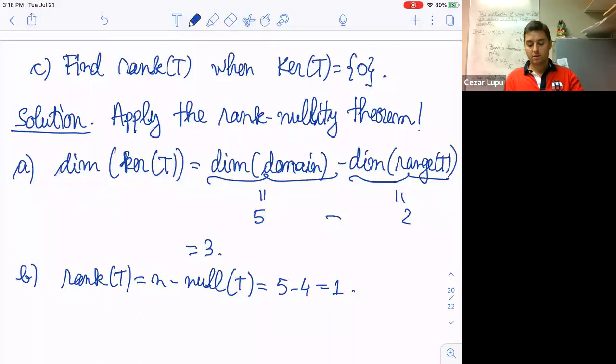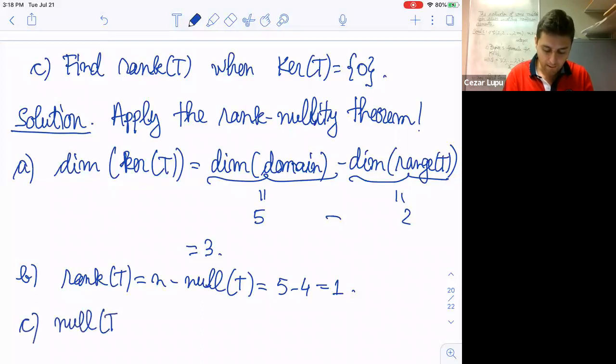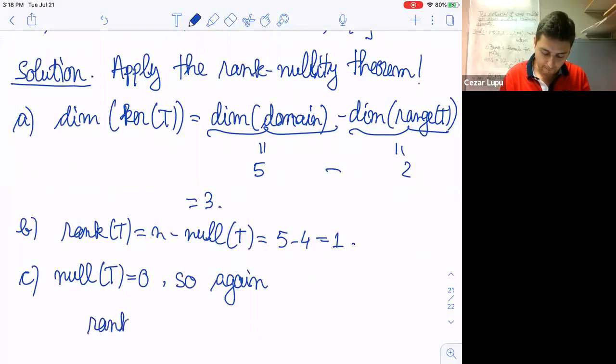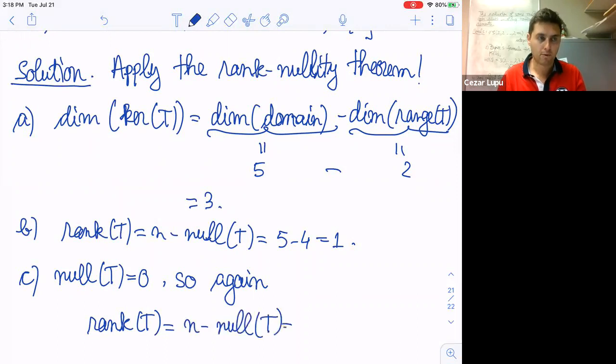In this case, the nullity of T is 0, right? So again, by the same theorem, we have that the rank of T is n minus the nullity of T, which will be 5 minus 0, which is 5, and that's it.